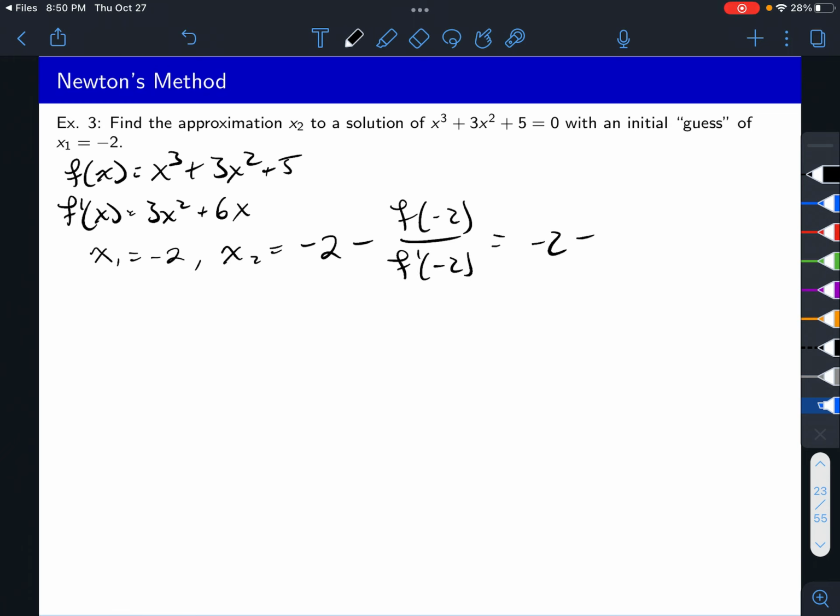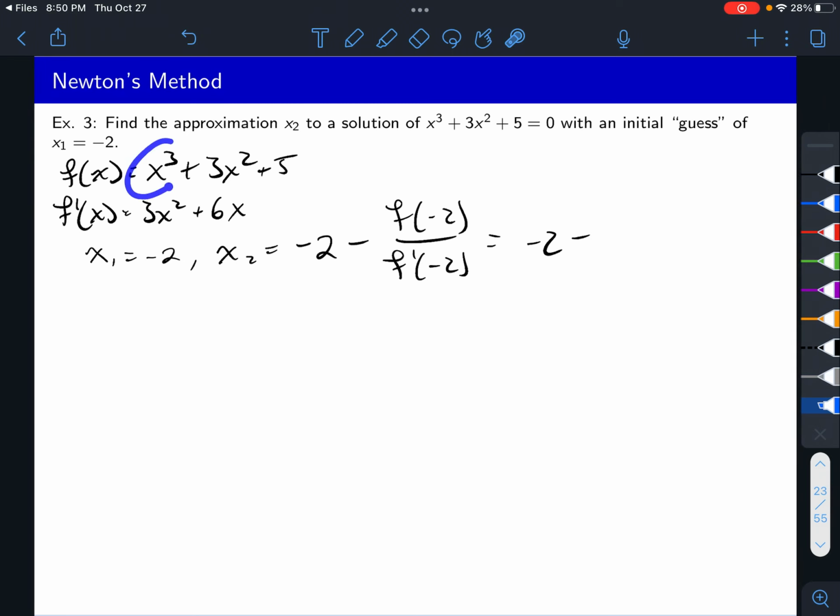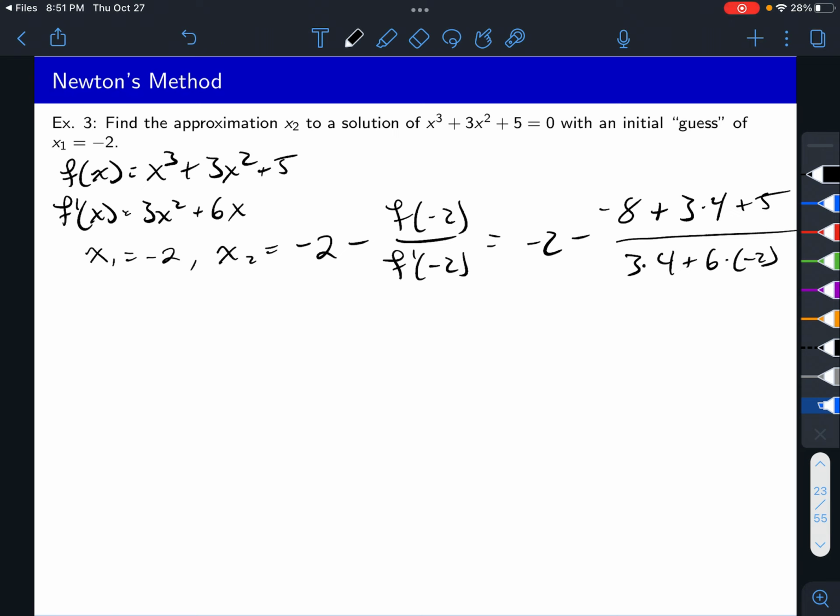So this is equal to -2 minus, and then what's f of -2? Be -8 plus 3 times -2 squared, which is +4, and then plus 5, all over f prime of -2, which would be 3 times 4 plus 6 times -2.